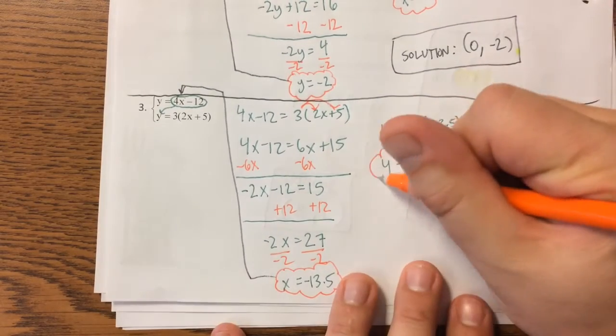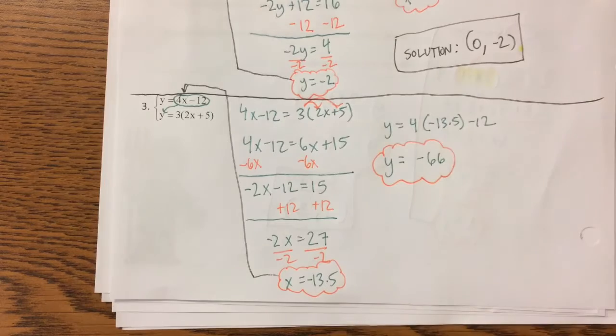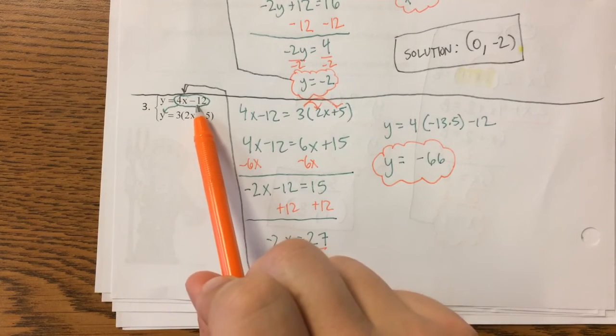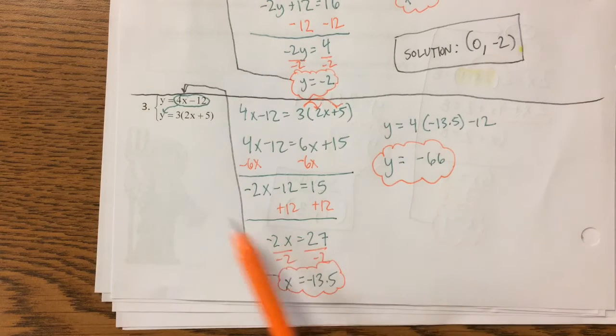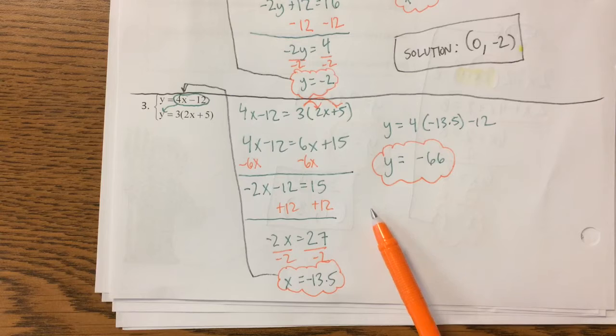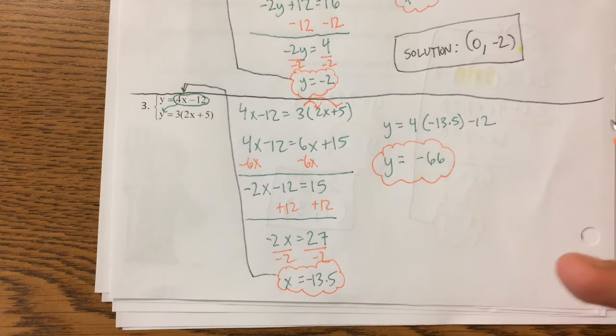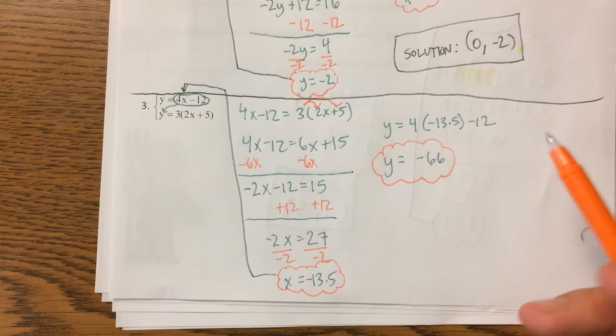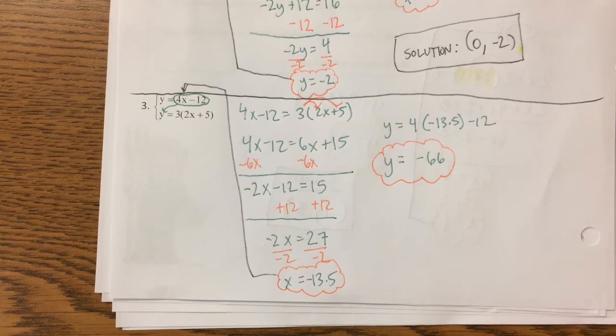So you can imagine one of the problems with solving by graphing is, if I try to graph these two lines and look at where the intersection is, negative 13.5 comma negative 66, that's probably going to be way off the grid. So one of the advantages to this method is you do not have to worry about the constraints of your graph or estimating decimals.